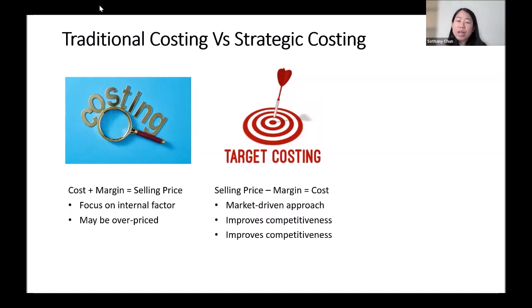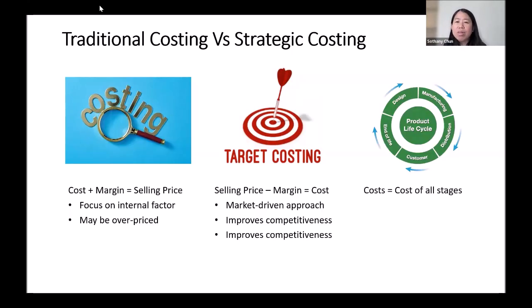It also improves innovation. Because you know that this is the maximum cost you can work on for your product, you have to be very innovative in your product design and also the production process, making sure that you can meet the level of cost that you are looking for.